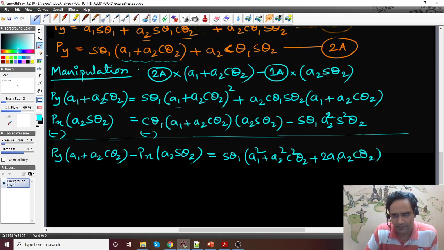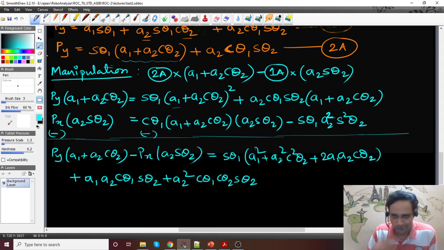It's a binomial expansion, sorry. Now plus this term I can segregate, plus a1 a2 cos theta 1 sin theta 2, this term, plus a2 square cos theta 1 cos theta 2 sin theta 2, sorry. Okay, so the upper term is done.